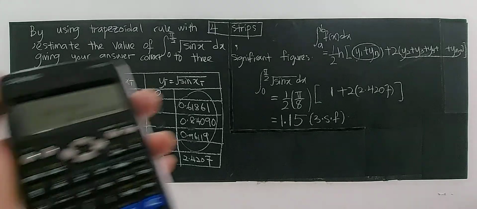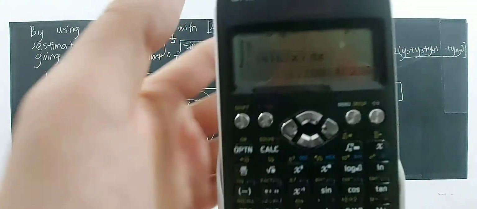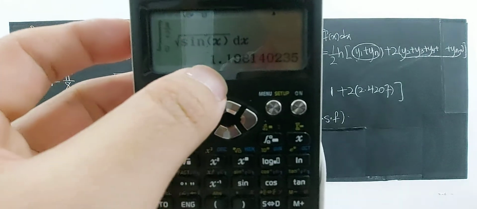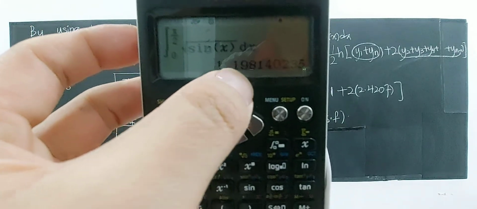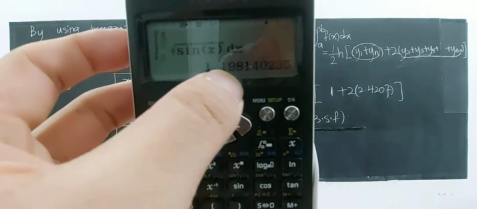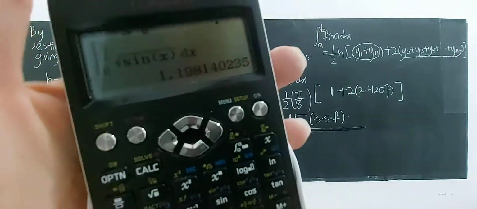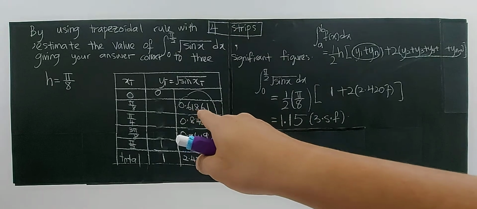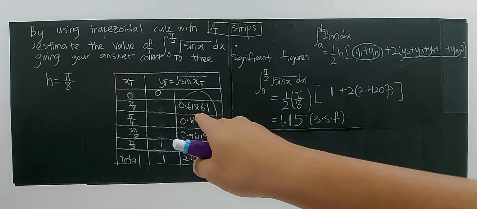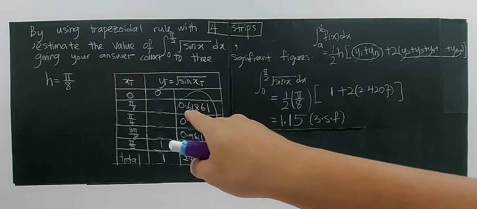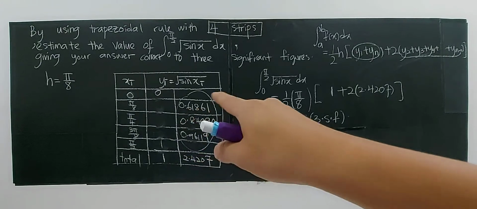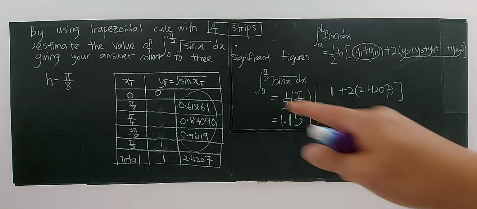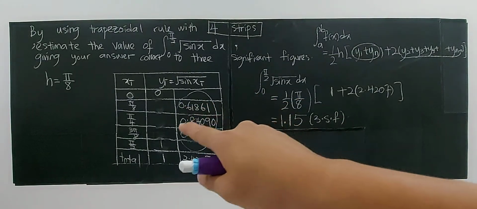If you use a calculator to get the exact value, as you key in this integral, you get 1.20 in 3 significant figures. Just now I gave you an extra 2. Actually, we just need to give 3 decimal places here to make it 5 significant figures. We gave 4 decimal places, but it doesn't matter.